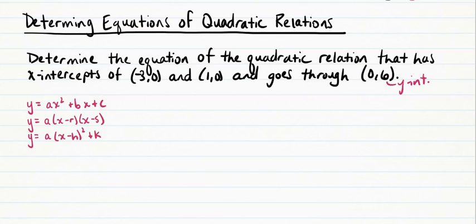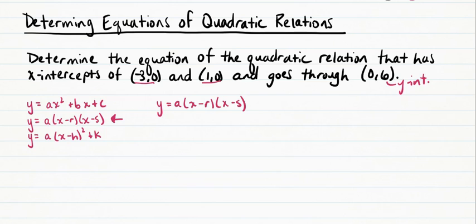Because this particular question deals with x-intercepts, we're going to use the form of the equation that shows the x-intercepts directly. So we're going to start with y equals a times x minus r times x minus s, and start by substituting in the x-intercept values.